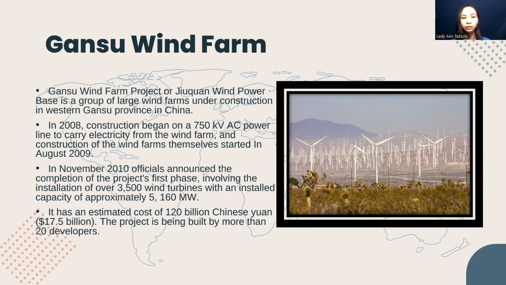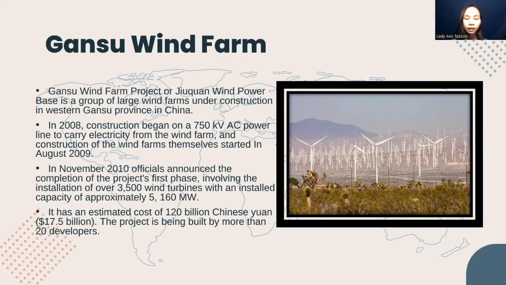Nagsimula yung construction nito noong 2009 and then officially announced na natapos na yung unang phase nito noong 2010 na merong 3,500 wind turbines na installed na merong installed capacity na approximately 5,160 megawatts. And then merong estimated cost na 120 billion Chinese yuan or 17.5 billion US dollar.